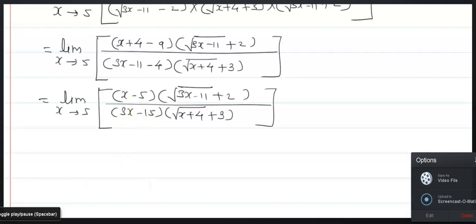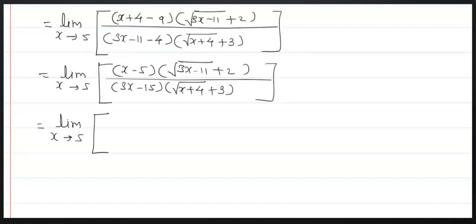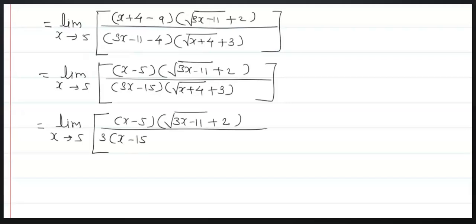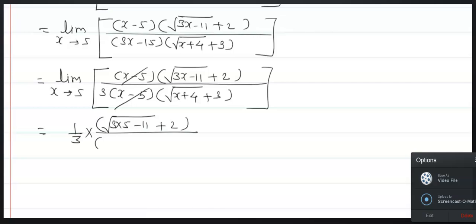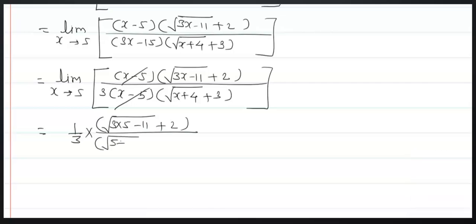Replace x by 5. x minus 5 gets cancelled. And then replace x by 5.